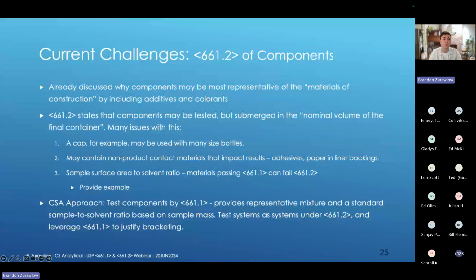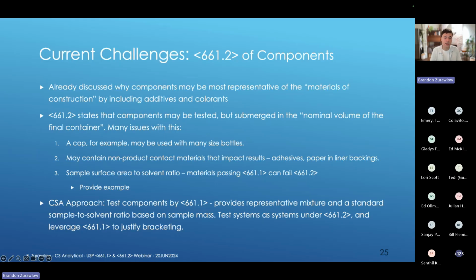What we wind up with sometimes, if we were to test components under 661.2, is that, all else held equal, we can have materials that pass under the 661.1 setup, where that sample to solvent ratio is controlled, that can wind up failing under 661.2 when we apply that nominal volume concept.